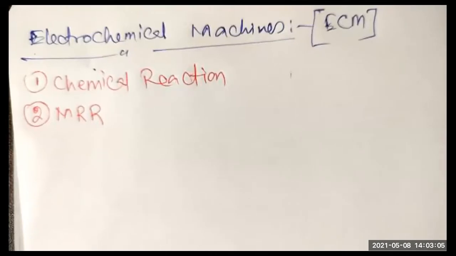In today's class, we are going to focus on two major parts. Those are the chemical reactions which take place in ECM, and the material removal rate equation, or the derivation of MRR in ECM.